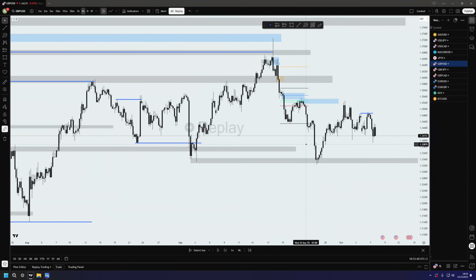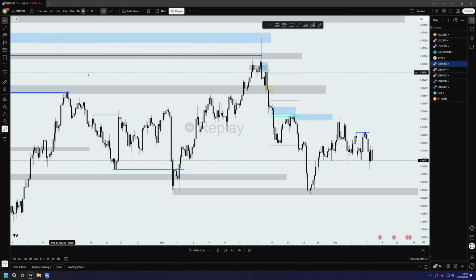So what I do again is go to higher time frame, then locate important sweeps, and then TMPU, which is the current market price.